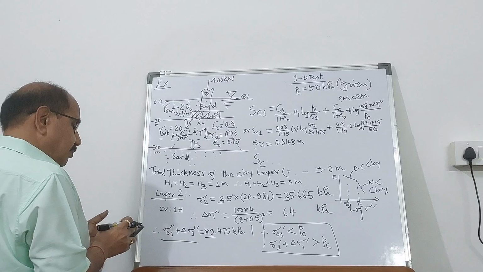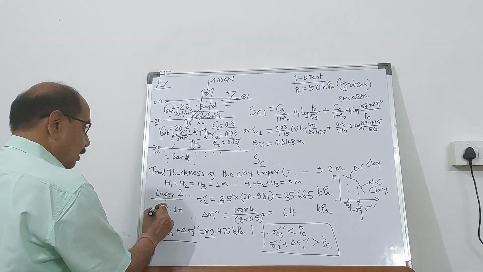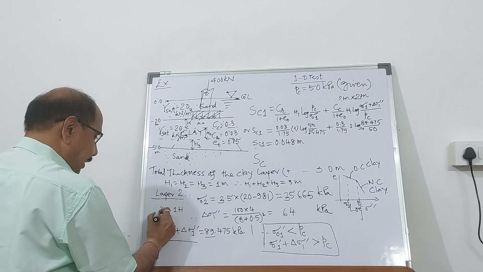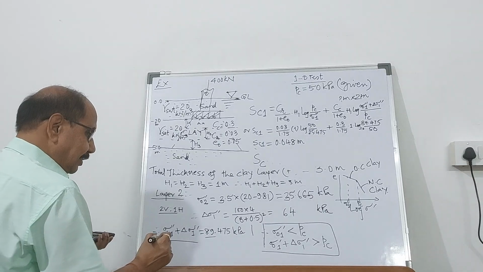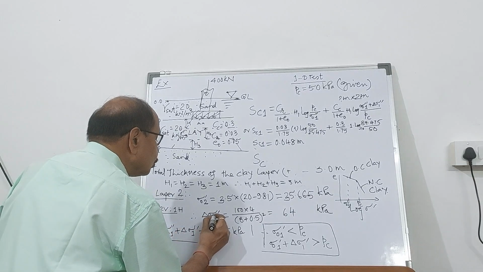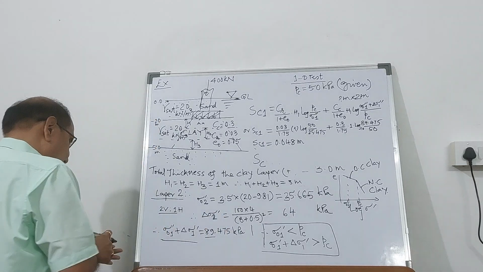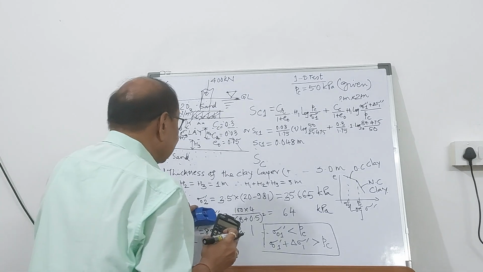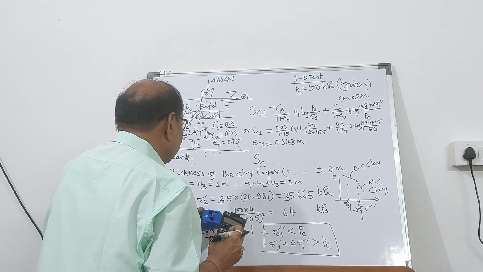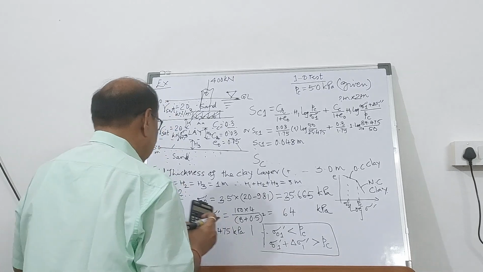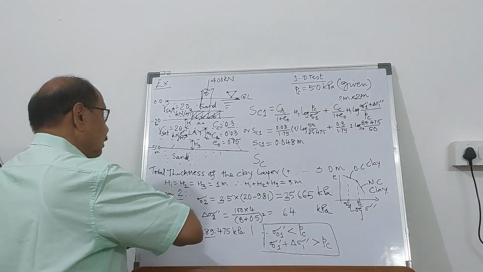So this is the value of sigma naught 2 prime. Now the load is going to spread at two vertical, one horizontal. Therefore, you should calculate here the increase in pressure due to the loading, that is called delta sigma.